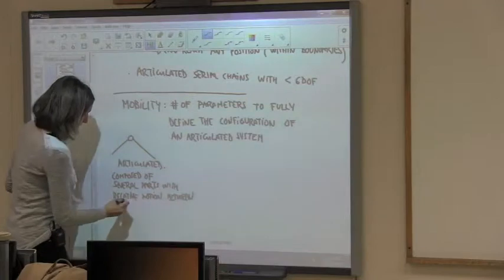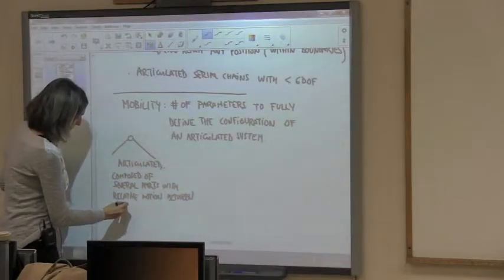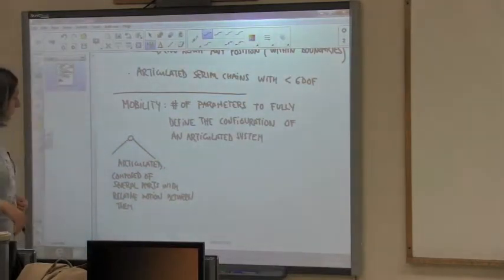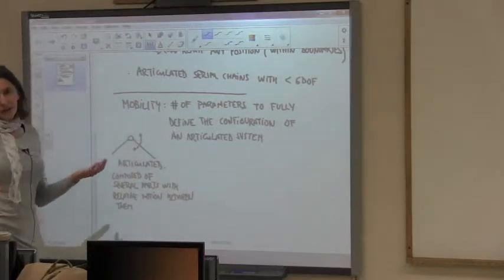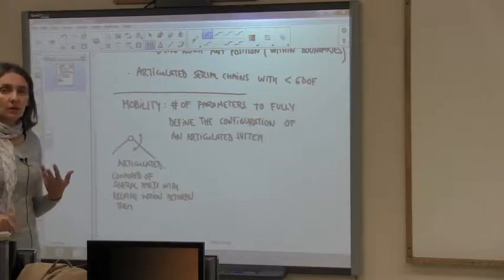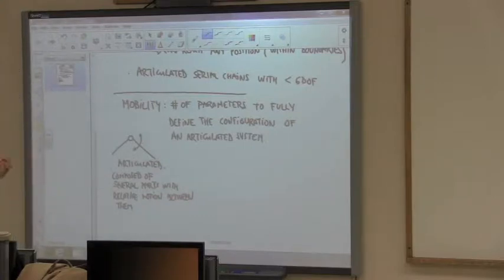So these are more general terms that can encompass linkages, robots, anything that has movable parts.